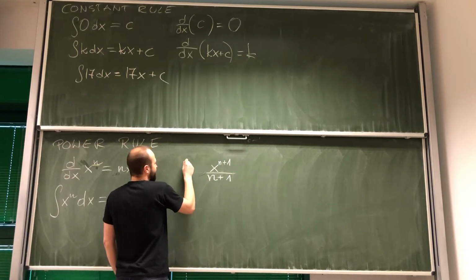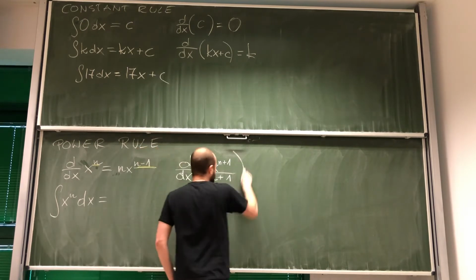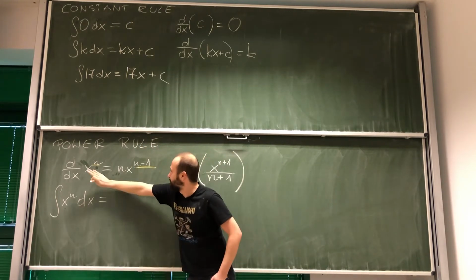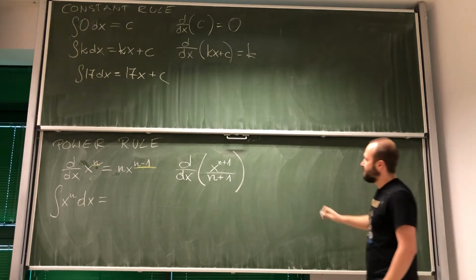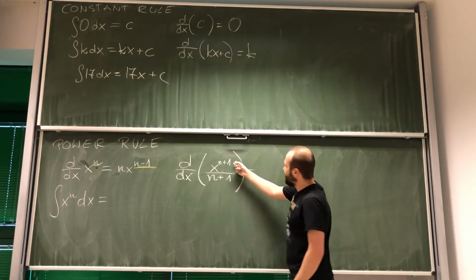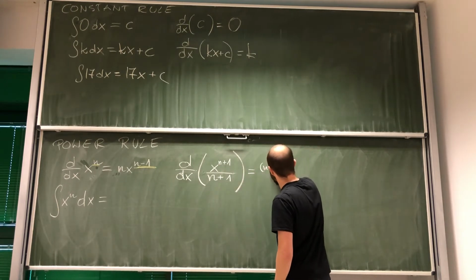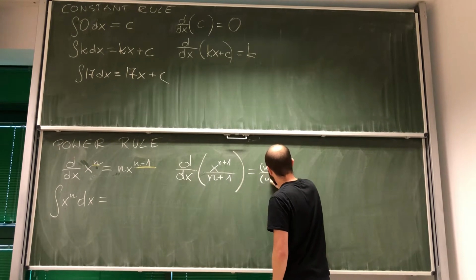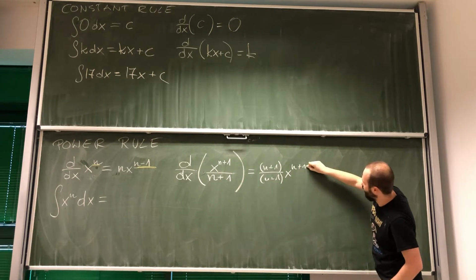That's quite easy actually. All we've got to do is to differentiate this. If we're going to get x to the power of n, it means that it works. Okay, so first thing I'm going to do here is to put n plus 1 up front. And then I need to subtract 1 over here.